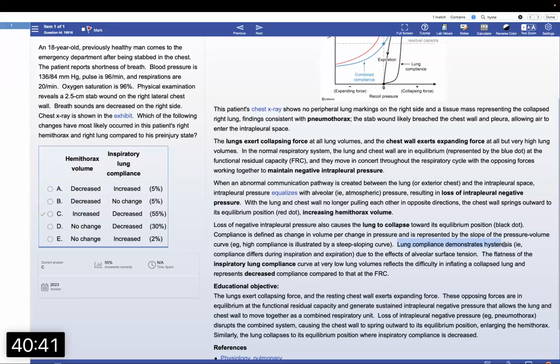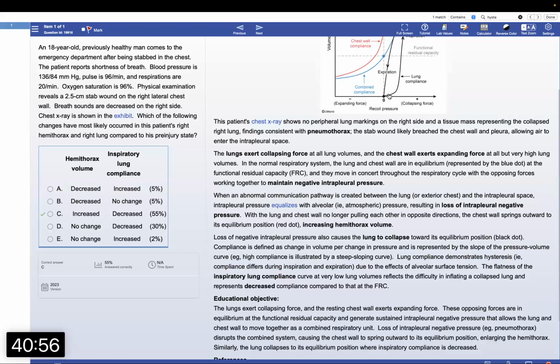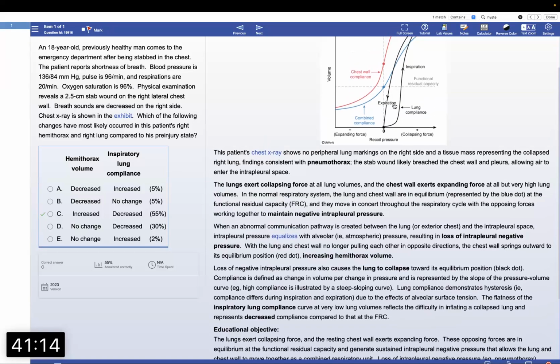So here they said lung compliance demonstrates hysteresis, that is, the compliance differs during inspiration and expiration due to the effects of alveolar surface tension. The flatness of the inspiratory lung compliance curve at very low lung volumes reflects the difficulty in inflating a collapsed lung, and represents a decreased compliance compared to that at the FRC.